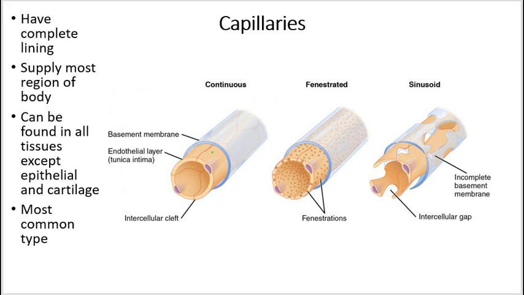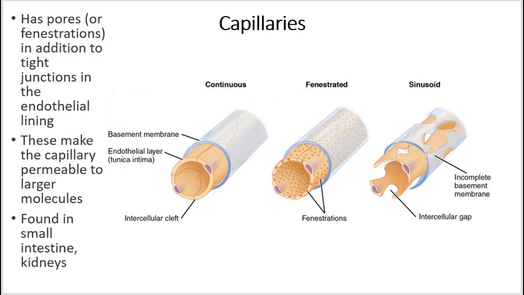Continuous capillaries are found through all tissues, everywhere in your body. The only exceptions, where you don't find continuous capillaries, are epithelial tissue, which is a layer of skin that is avascular, and cartilage, which is avascular.